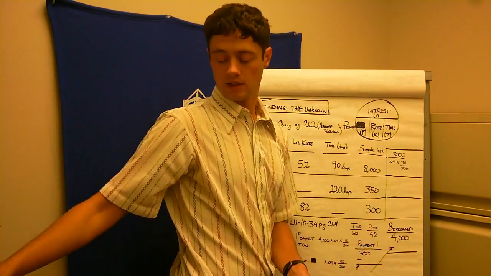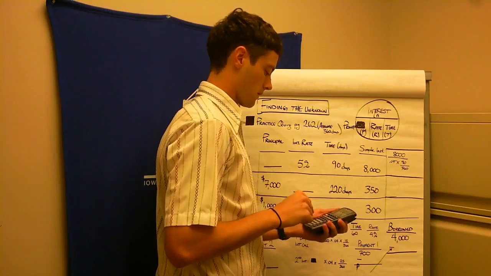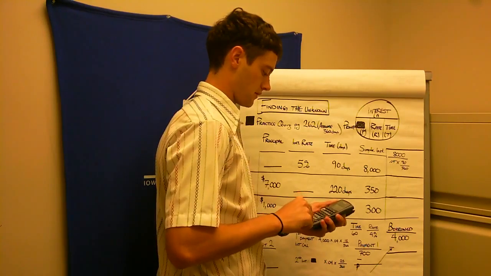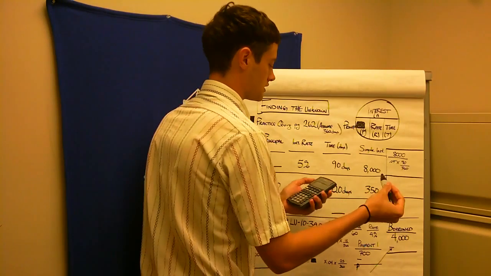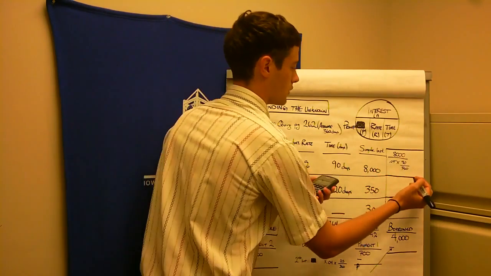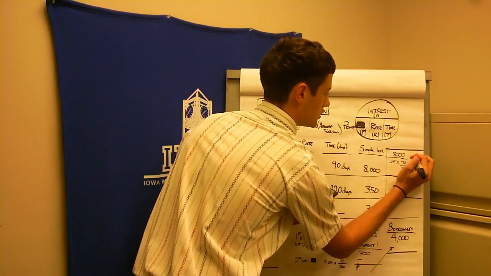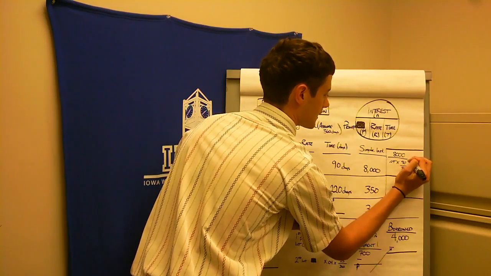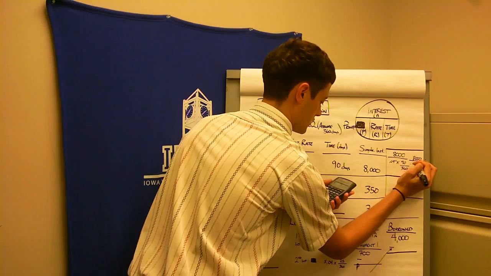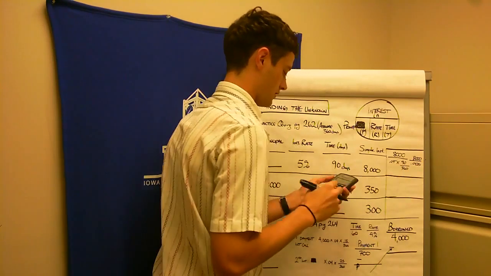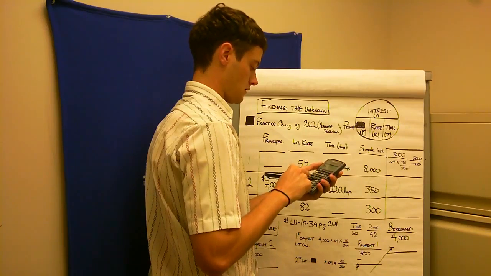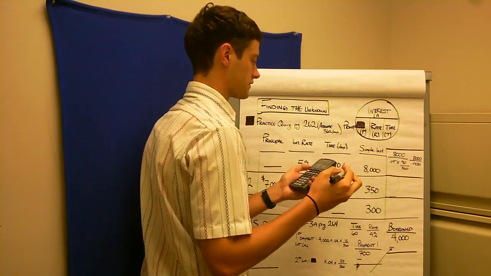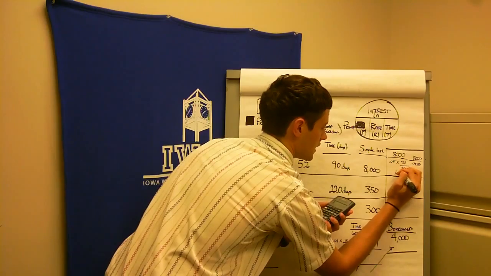So when I put that into the calculator, we have 90 divided by 360 times 0.05, which gets to be 0.0125. Then we take 8,000 divided by 0.0125, which gives us $640,000.